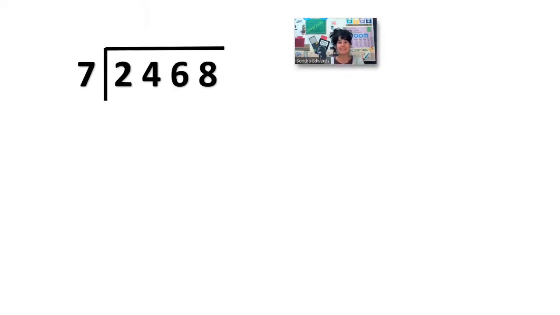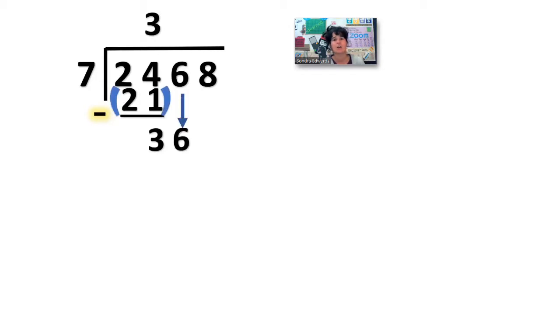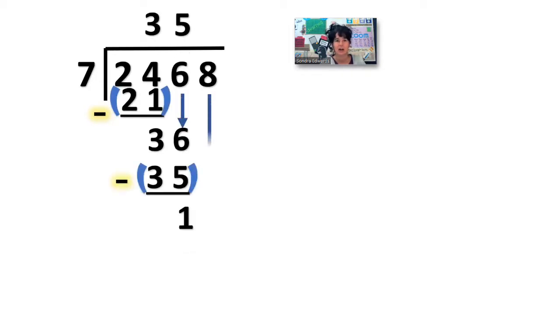Well, let's go back to something you did a long time ago. What if you wanted to know if 7 was a factor of 2,468? Well, we don't have any divisibility rules for 7, so you would have to painstakingly divide. Oh my goodness, just takes forever.